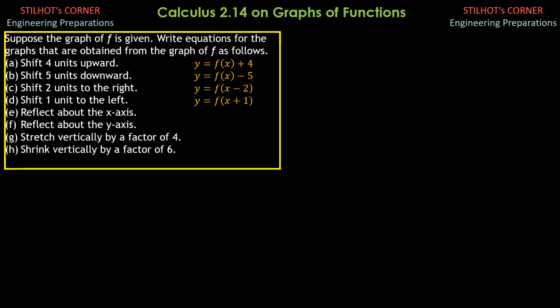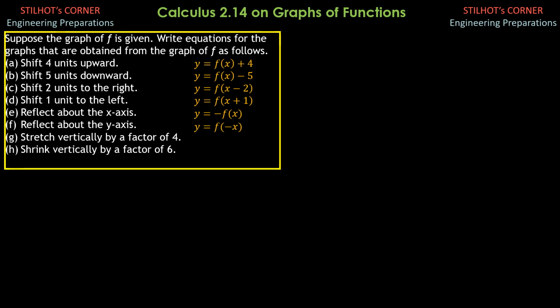Therefore, the equation would become y equals negative of f of x. Then if we reflect it about the y-axis, remember the graphs of odd functions, they are reflections about the y-axis. So y equals f of negative x.